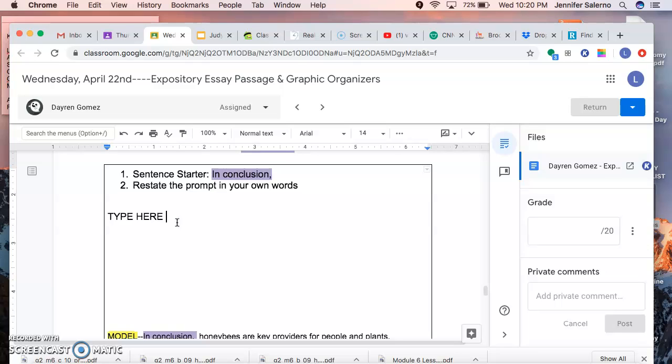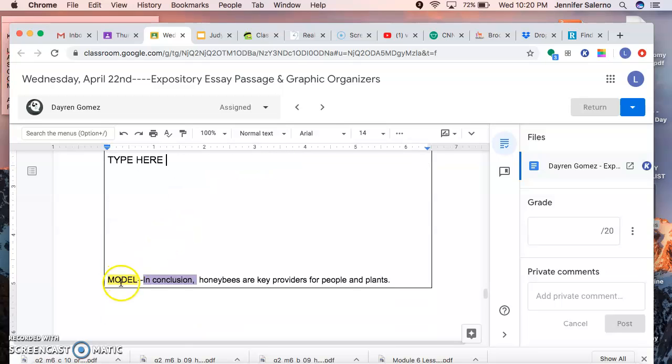Again, remember, it is 1 sentence. I know that it's hard not to get carried away, but you don't have to repeat your answers. You're not giving me textual evidence. You're literally just saying, in conclusion, and then in your words, tell me what your entire essay has been about. Just a short sentence.